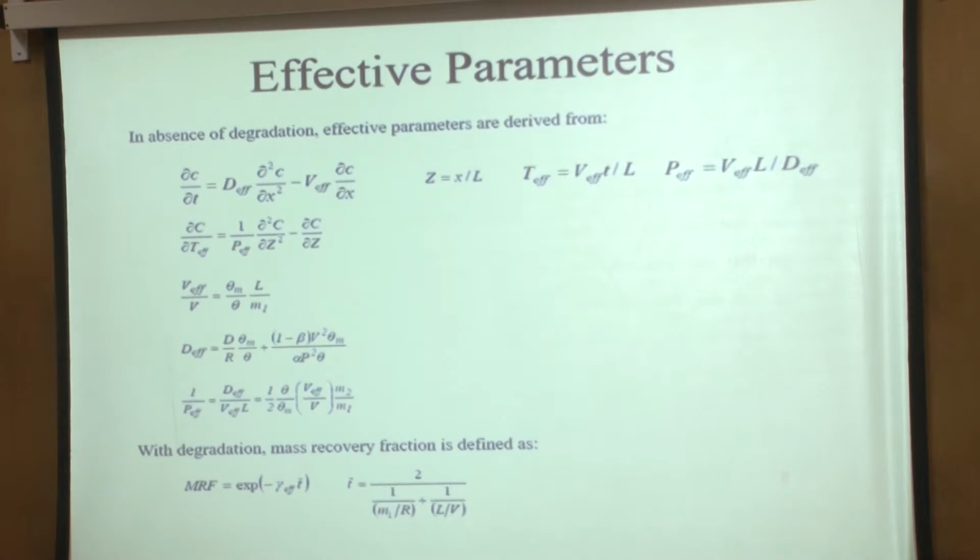So to find what should be the effective decay rate, we assume it's a first order decay, then we find the mass recovery fraction, which is essentially the mass recovered divided by the total mass. I'll call that ratio the exponential of minus an effective decay rate constant times T. The question is, what should T be?